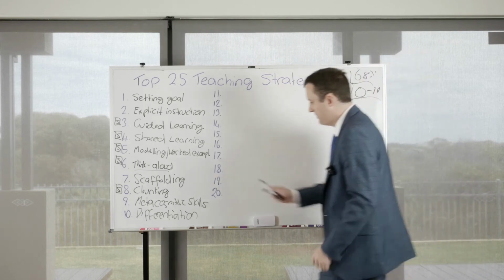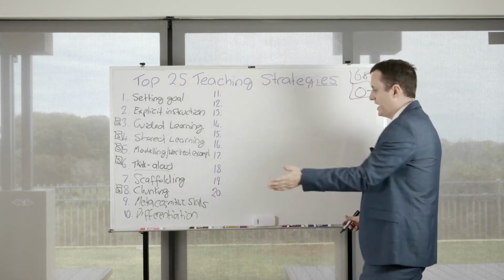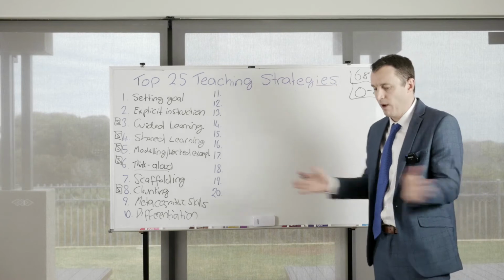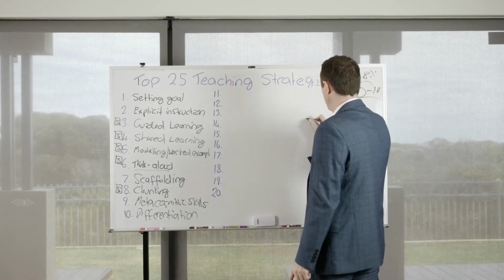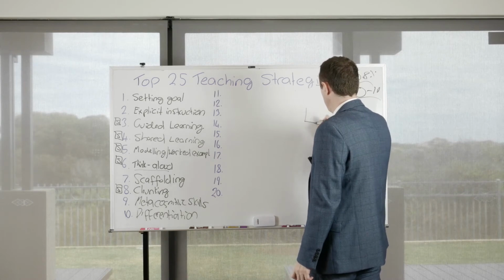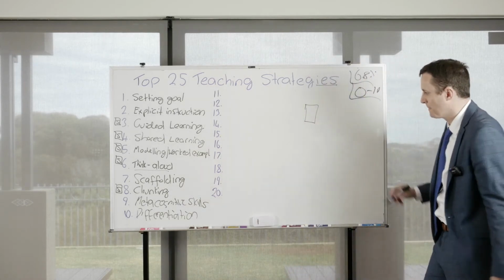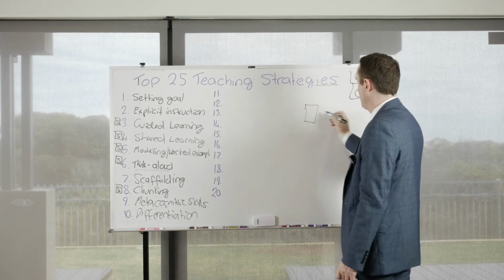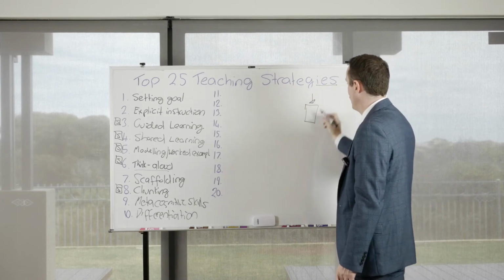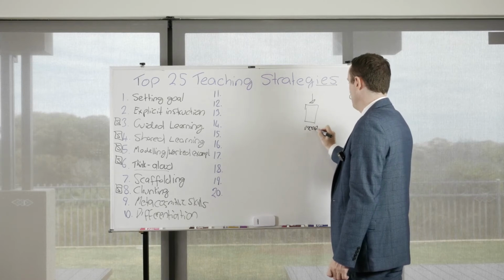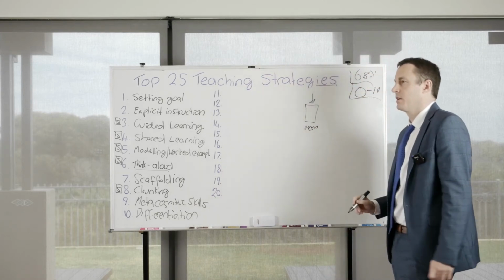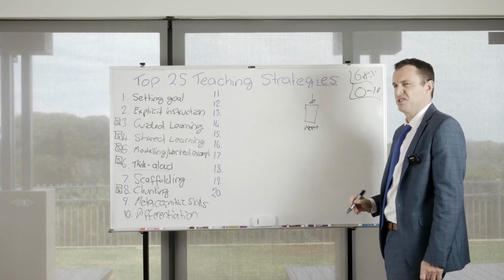So, differentiation. Differentiation basically means that we do stuff away from the norm. The best way to show you this is that if we have a lesson plan there, and that's aimed at the mean, what would I say? Mean skill level.